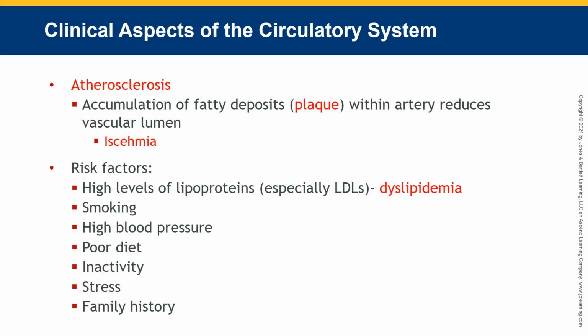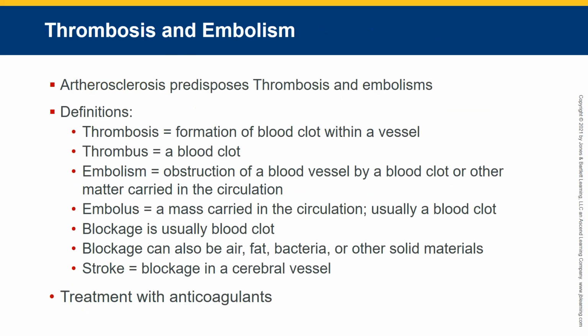High blood pressure, remember how hard it forces blood through, you may end up damaging your blood vessels and not being able to deliver blood appropriately. Poor diet, well, you need to feed yourself, feed your body, feed your health, right? Inactivity, stress, family history, lots of things can cause atherosclerosis, AS.